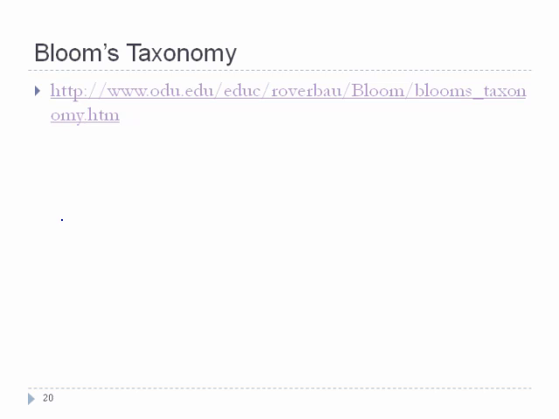So this is a website put together by a couple of professors at Old Dominion University to show what we're talking about when we mean developing critical thinking skills. This is based on some educational research called Bloom's Taxonomy, done by a guy whose last name was Bloom and who named it after himself. And so it's based on the idea that critical thinking has to be developed in stages.